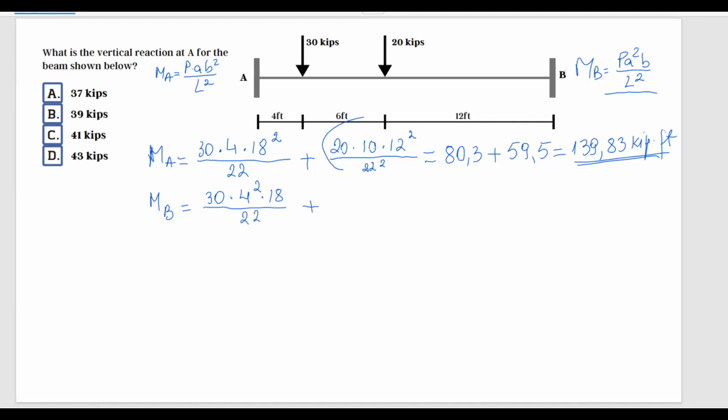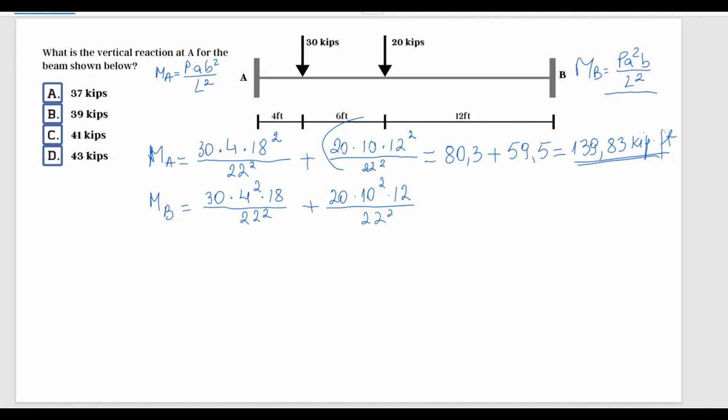Next, we're going to add the moment by force number 2, so 20 multiplied by A, in this case, is 10 and is squared, and 12, all divided by 22 squared. I forgot the squared, but the calculations are correct.